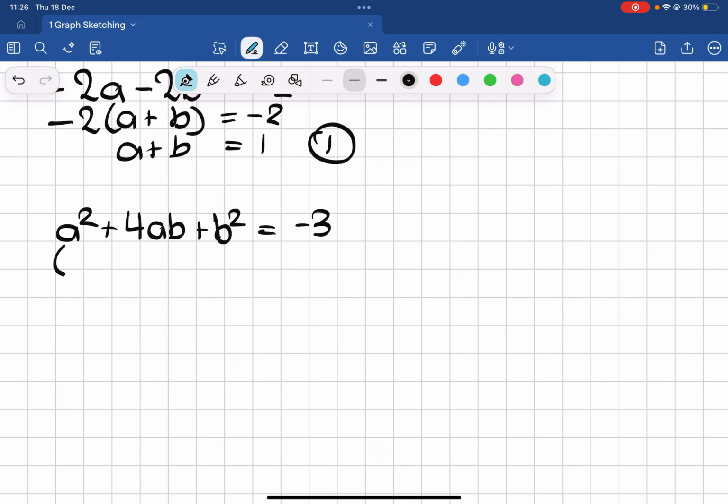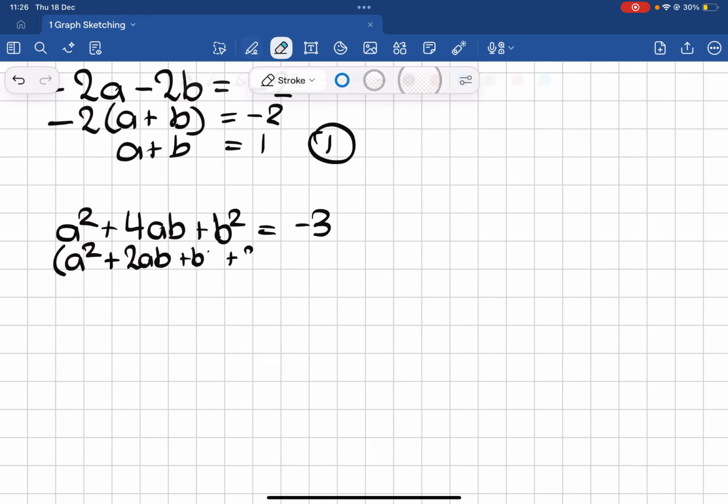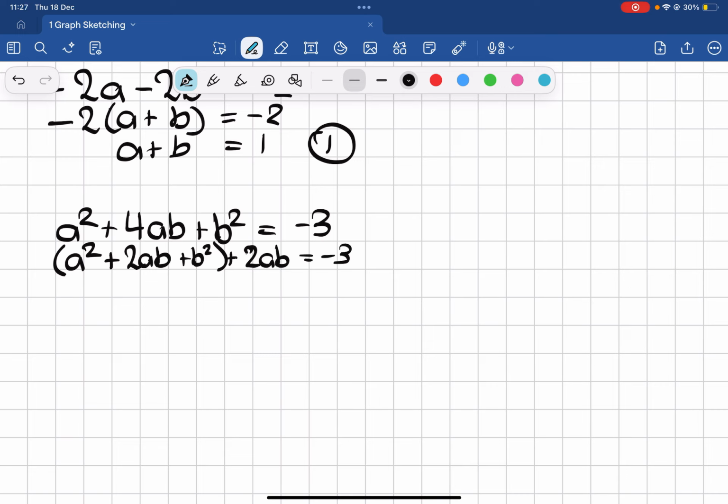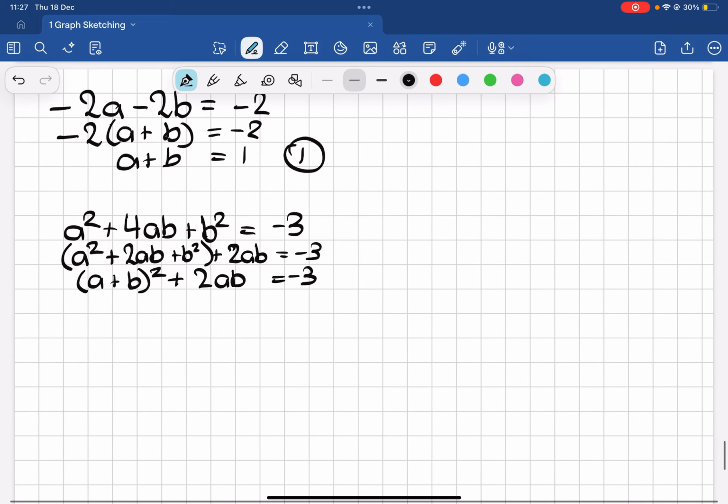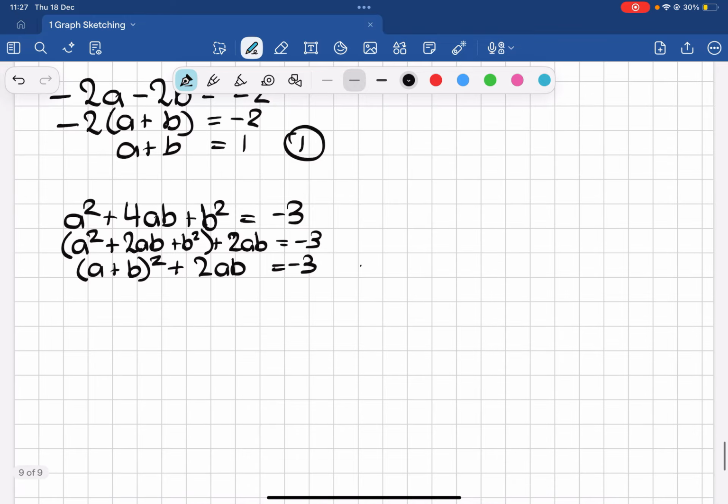So you can rewrite this as a squared plus 2ab plus b squared, with 2ab outside our brackets, equals minus 3, which can be simplified to (a plus b) squared plus 2ab equals minus 3. Yep, that's fine. Can we get any simpler than that? No, that's fine. We call that equation 2.